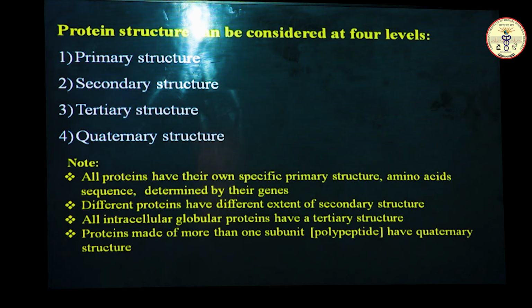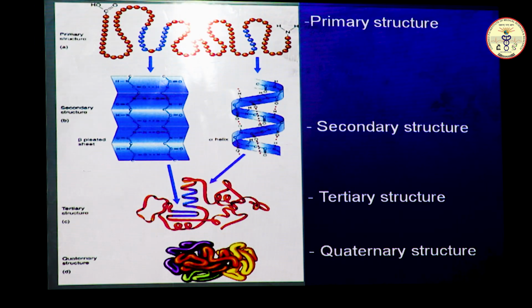So, on the level of their classification, protein structure can be considered at 4 levels. First is the primary structure, then the secondary structure, tertiary structure and the quaternary structure. This is the primary structure of the protein, a linear polypeptide chain.